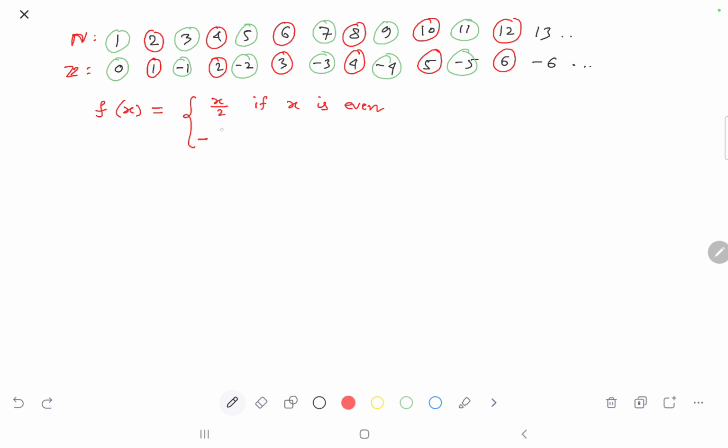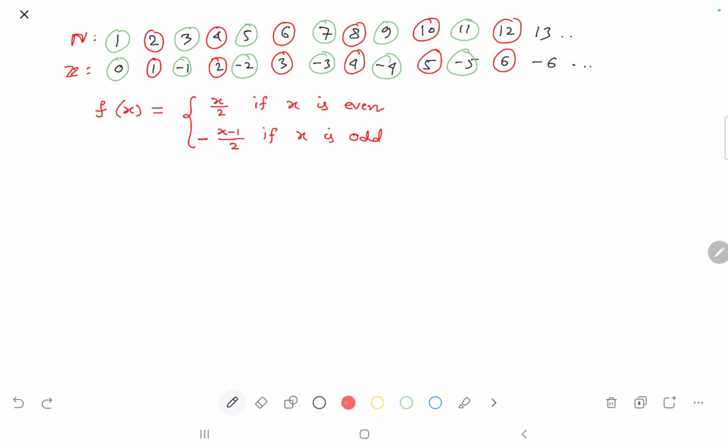We can take x minus 1 divided by 2, if x is odd. Is it okay? If you put 1, you get 0. If you put 3, you get 3 minus 1, so 2 by 2 means 1, so -1. If you put 5, you get -2. If you put 7, you get -3, like that.